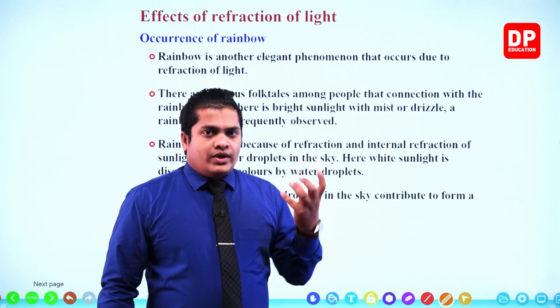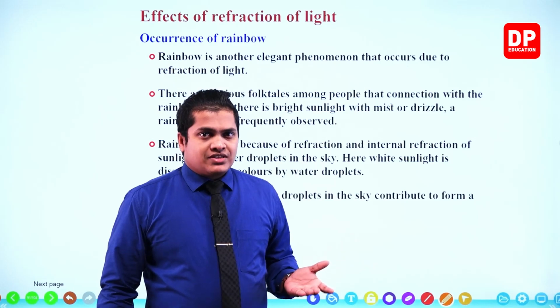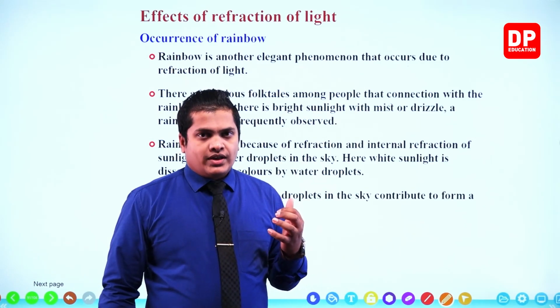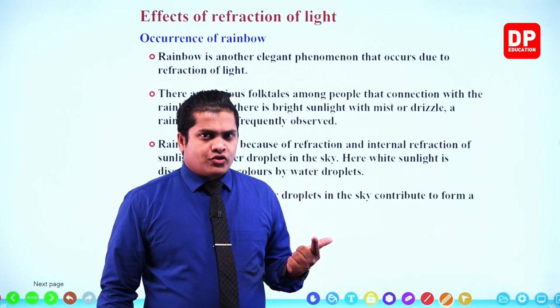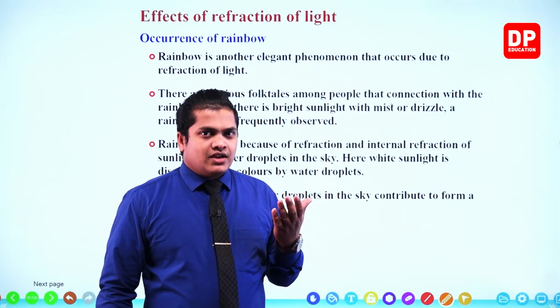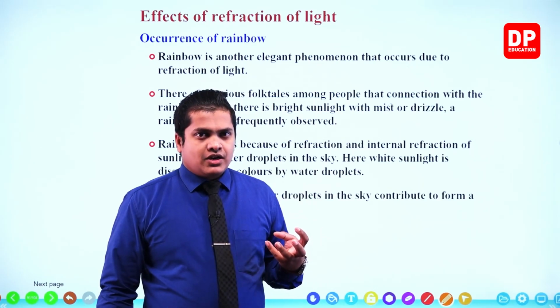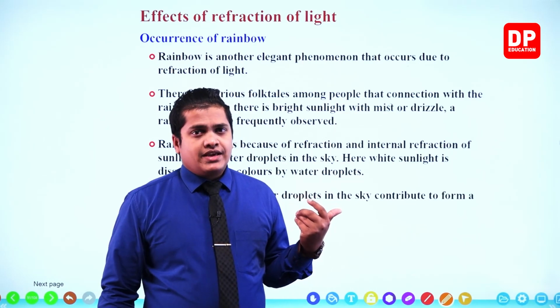So when light rays pass through a drizzle, I mean through water droplets, this rainbow can be observed very clearly. Even, my dear children, you can observe a rainbow kind of spectrum near a waterfall. It's mainly because when water is coming down at a higher speed, droplets are going to spread here and there.